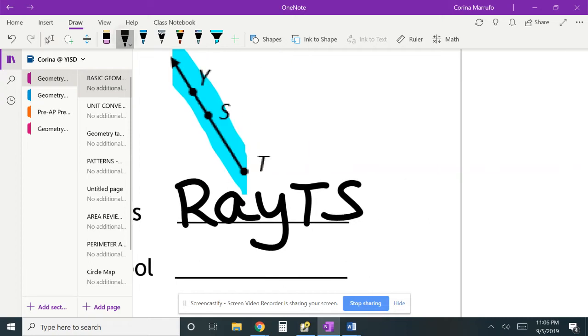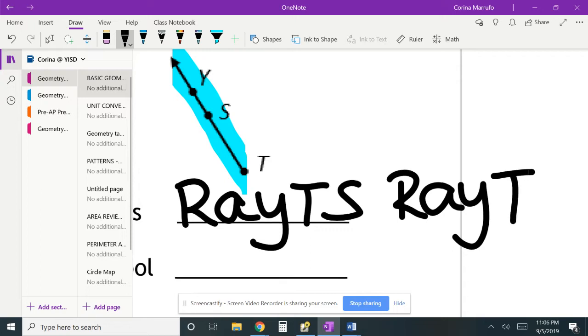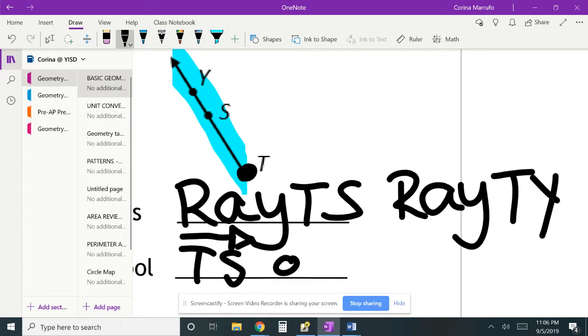So let me go ahead and write that out. Ray TY. Either answer is correct, as long as we start at T. And then for the symbols, we would put TS with the ray going in the exact same direction as we wrote it. And then you could have used TY.